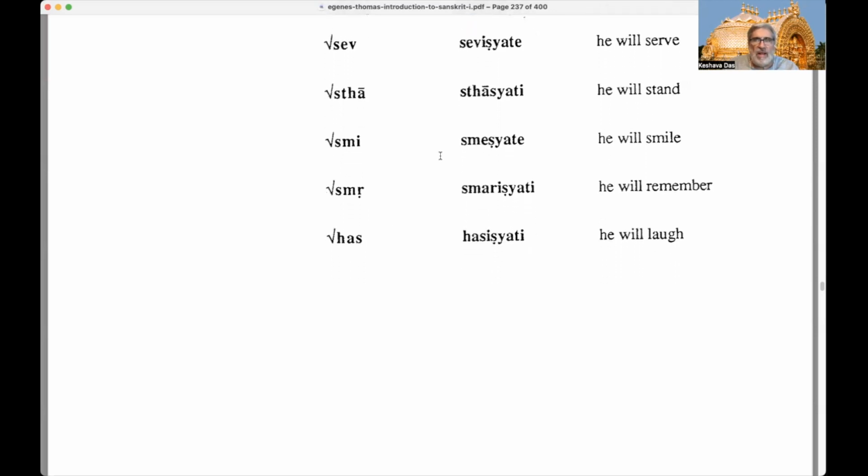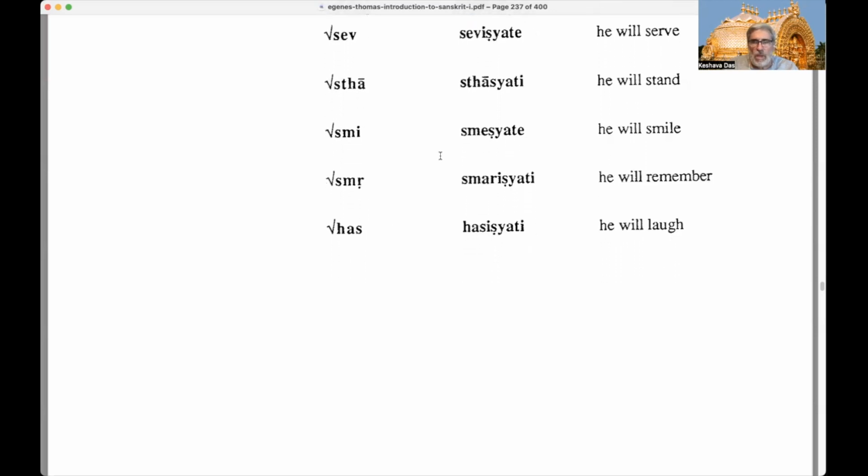Smi means to smile. So the short i at the end of the root smi becomes strengthened to an e. So smi plus dental sya as the future marker, the s, through internal sandhi because of the e, which is not a short a or a long a, changes to a cerebral s.